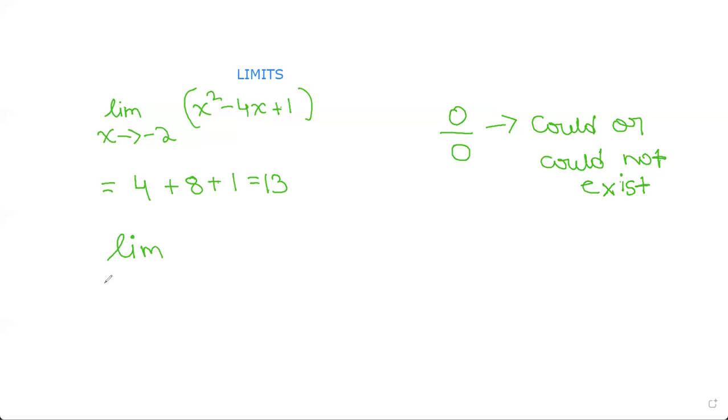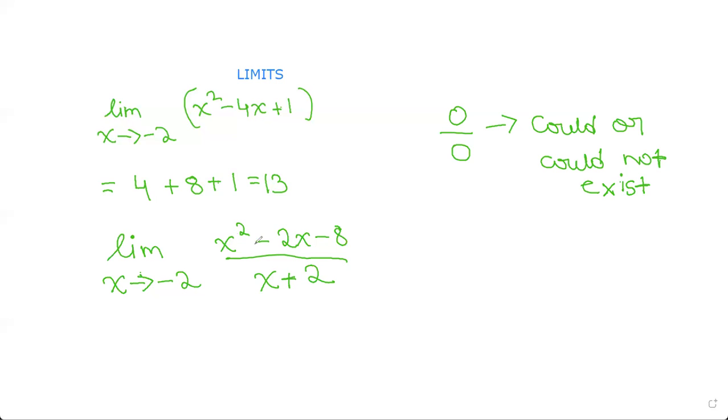Limit x tends to minus 2 of x squared minus 2x minus 8 divided by x plus 2. So now if you want to solve this, if you substitute minus 2 directly, you get 0 by 0.